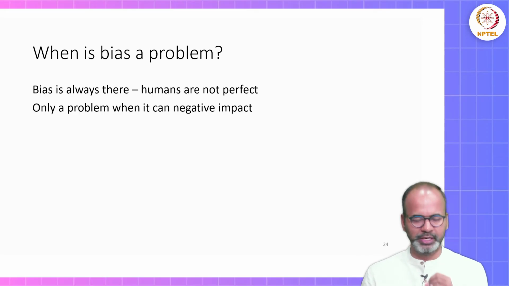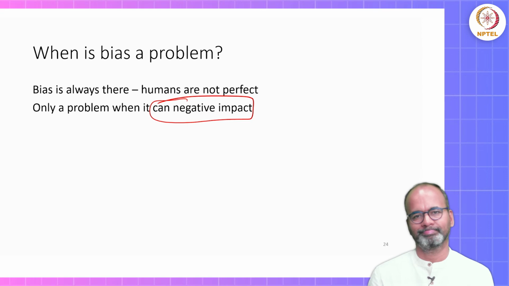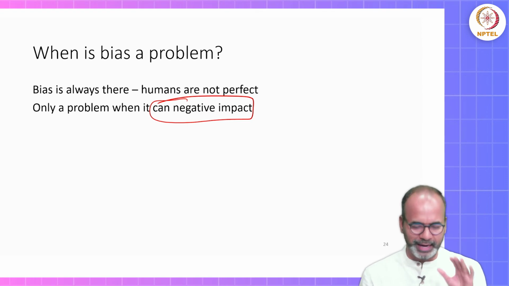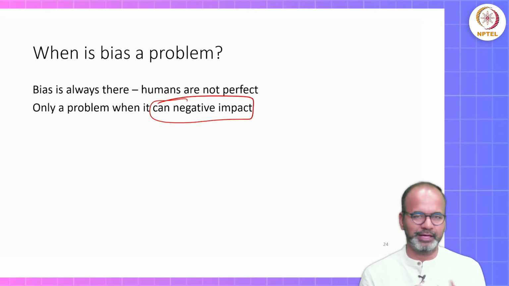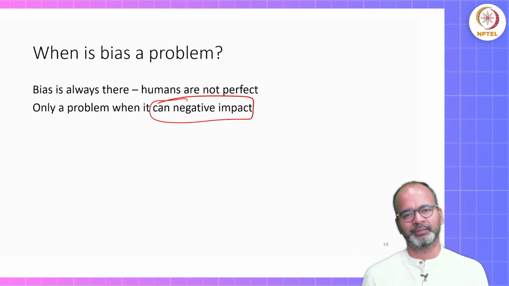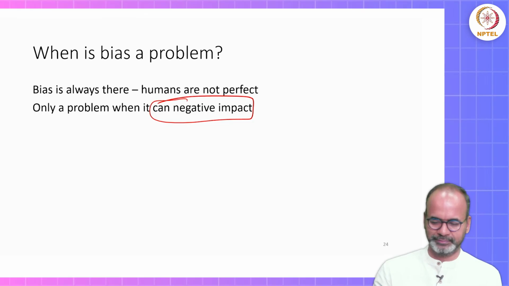So we should treat this prompting and these responses as a problem only when there is a negative impact. One can argue, what is negative impact? We'll look at some examples, but the idea is that if you think the responses are not aligned with some preferences, not aligned with what our worldly thinking is, then it's probably biased, right?